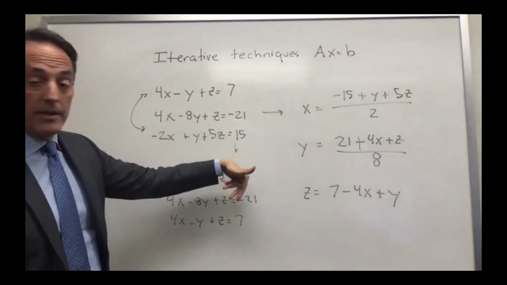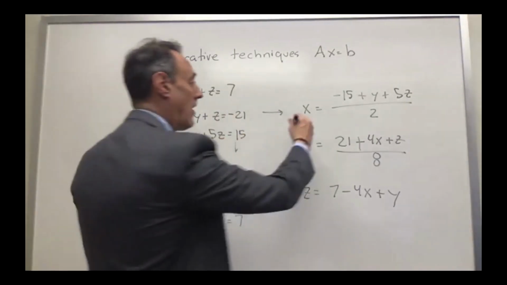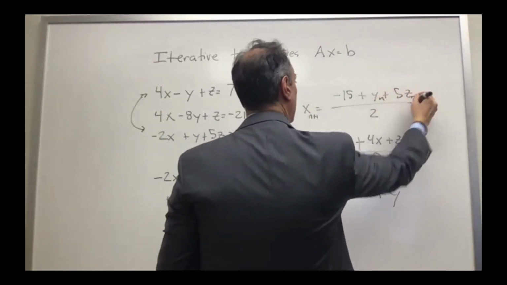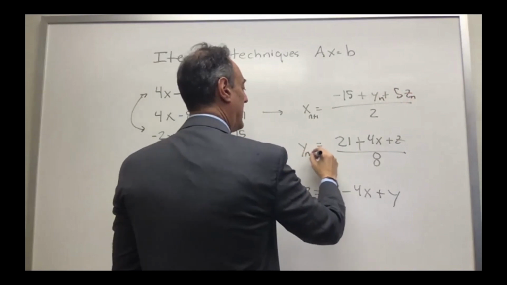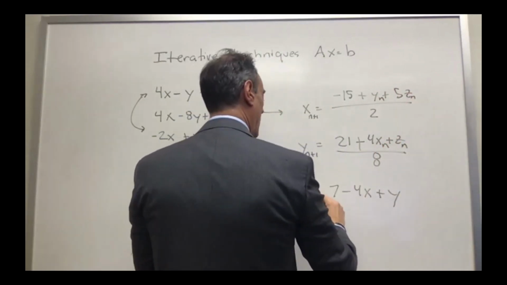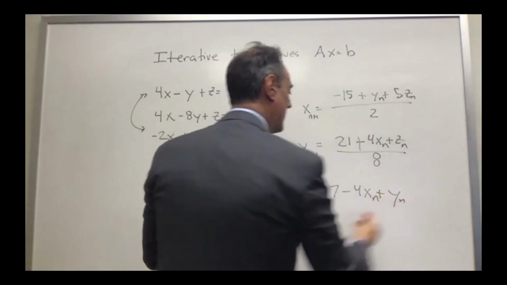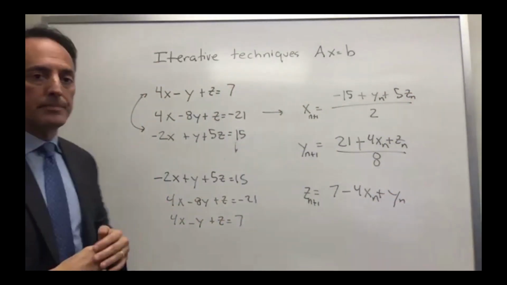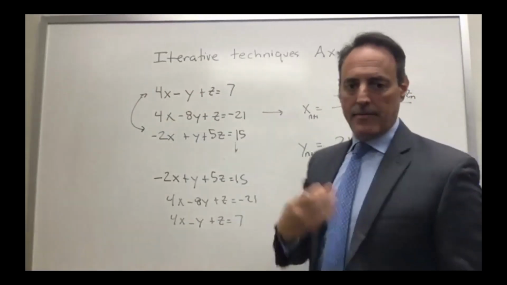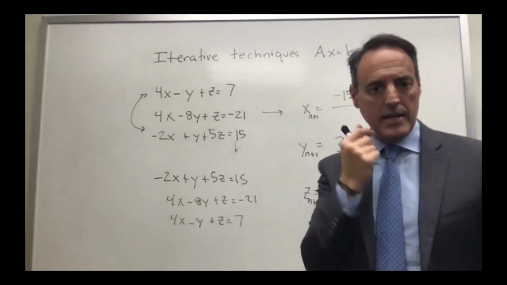I get a different iteration scheme now, notice, because now I have x of n plus 1 is equal to this equation. Y of n plus 1 is exactly what I had before, and z of n plus 1 is this here. So a slightly different iteration scheme.